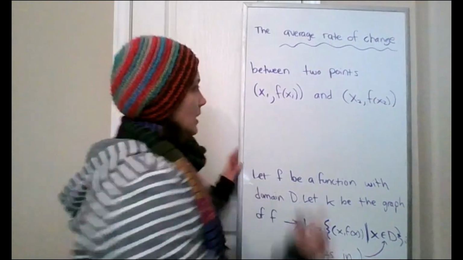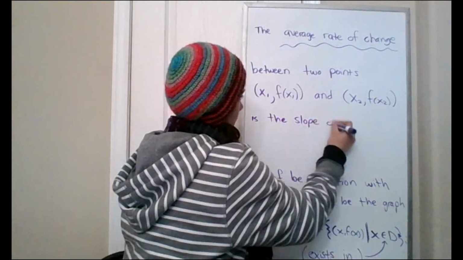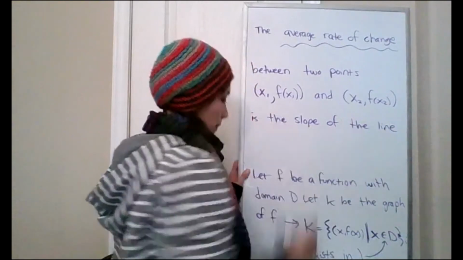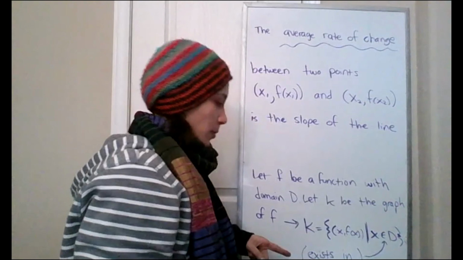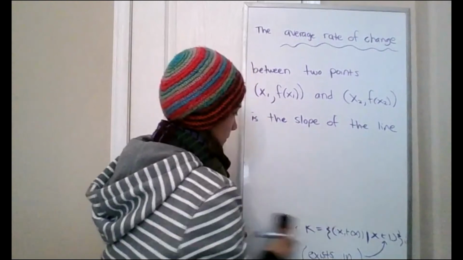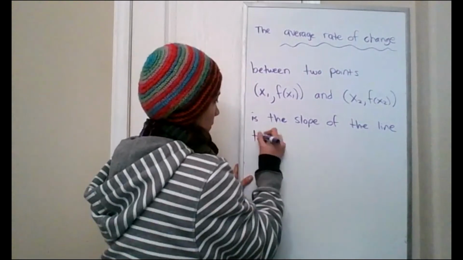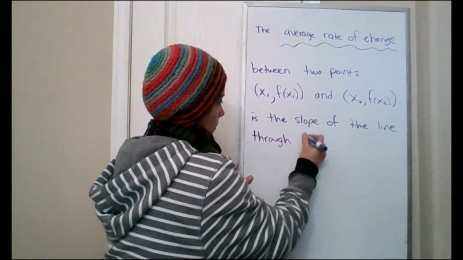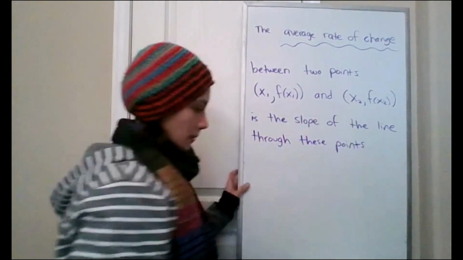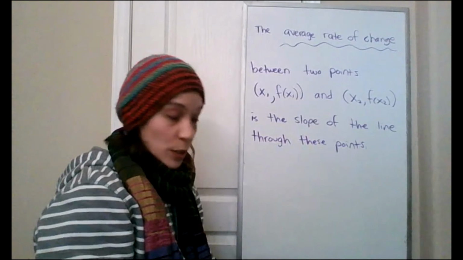That's kind of easy. Is the slope of the line through these points. Okay. So it's also called the slope of the secant line.